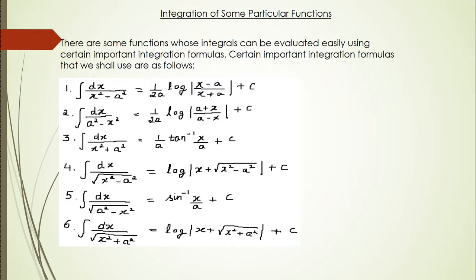The next three have in the denominator either root of x square minus a square, or root of a square minus x square, or root of x square plus a square. Another thing that we notice is the coefficient of x square in all these functions is equal to 1.